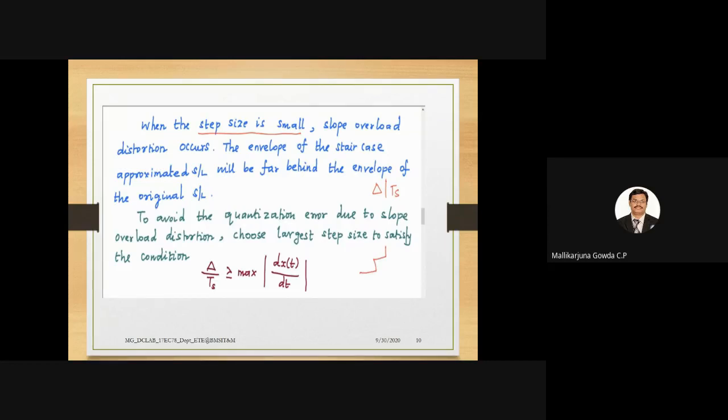Step size divided by the sampling duration should be greater than or equal to the maximum rate of change of the analog input signal. x of t is my analog input signal. So delta by Ts means delta into Fs, where delta is the step size and Fs is the sampling frequency. That product should be greater than the maximum rate of change of the analog input signal. Then we will be able to fulfill that requirement.